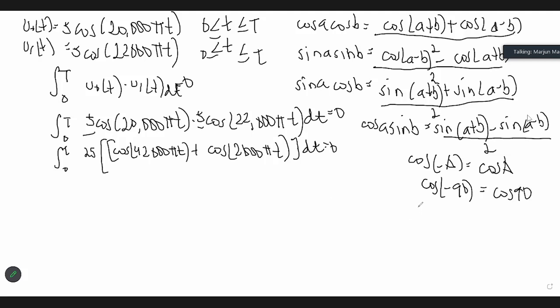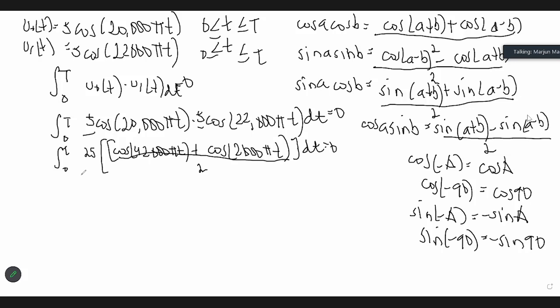So kapag sine, halimbawa, sine of negative a is equal to negative sine a. So kung pipindutin po natin sa calcu, sine negative 90 is just equal to negative sine 90. Okay? Okay. So, don't forget 2.